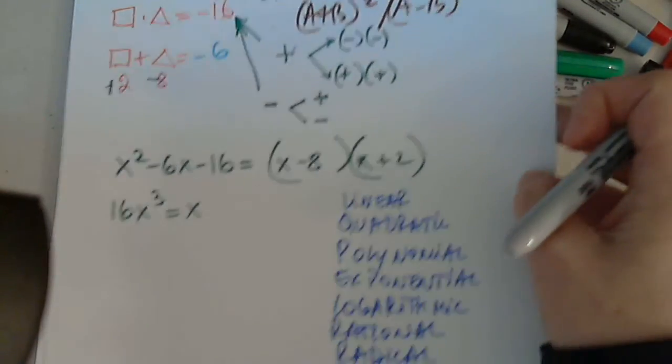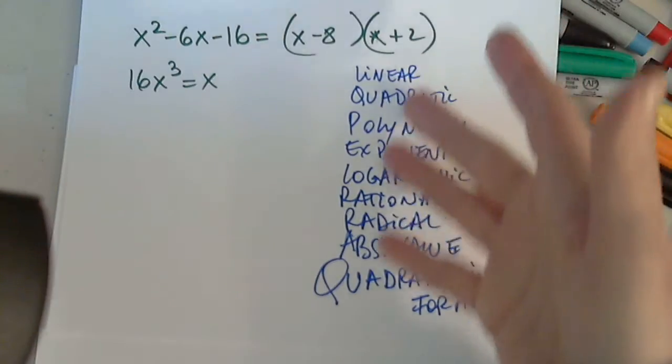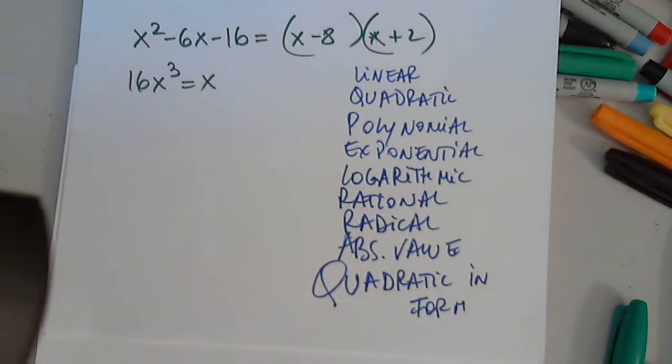At some point in your math career, you heard of these. You've seen them. The sequence of steps is different for each of them. So that's why we need to identify correctly.